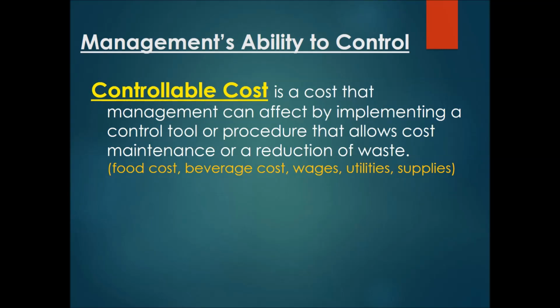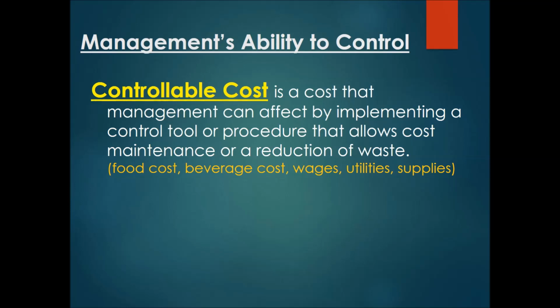A controllable cost is a cost that management can affect by implementing a control tool or procedure that allows a reduction of waste or a cost maintenance. This would be food, beverage, wages, utilities, supplies. You can control those. So management wants to spend their time working on these specific areas, right? You can control food costs by using proper purchasing techniques to get the best prices.